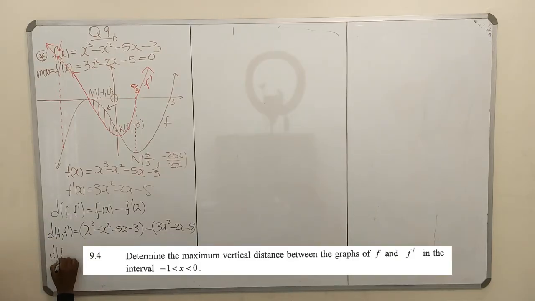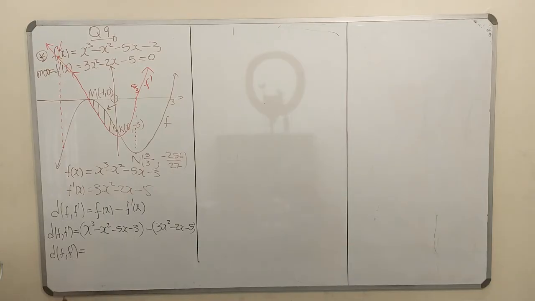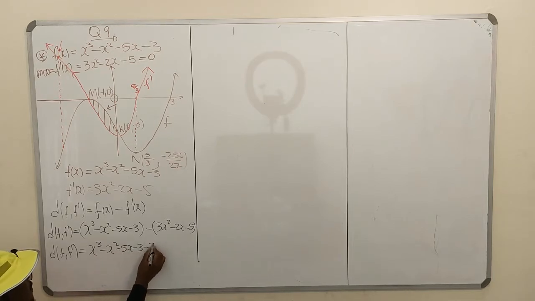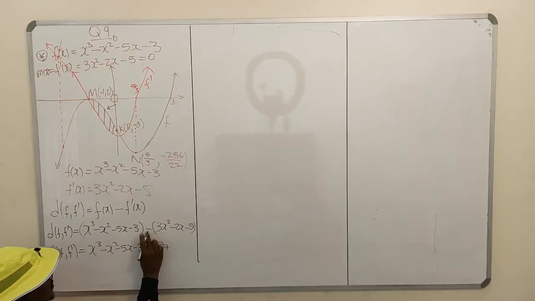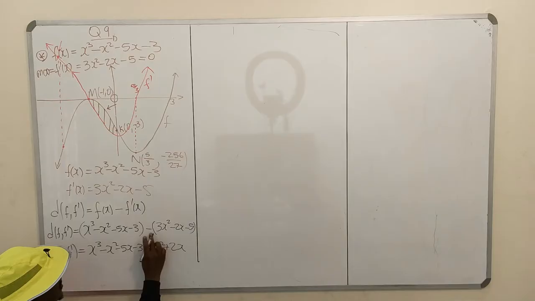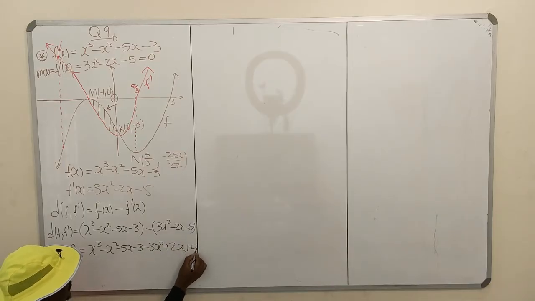So d, the distance between f and this derivative, would be equal to what? Simplify this. x cubed minus x squared minus 5x minus 3 minus 3x squared plus 2x, plus 5.